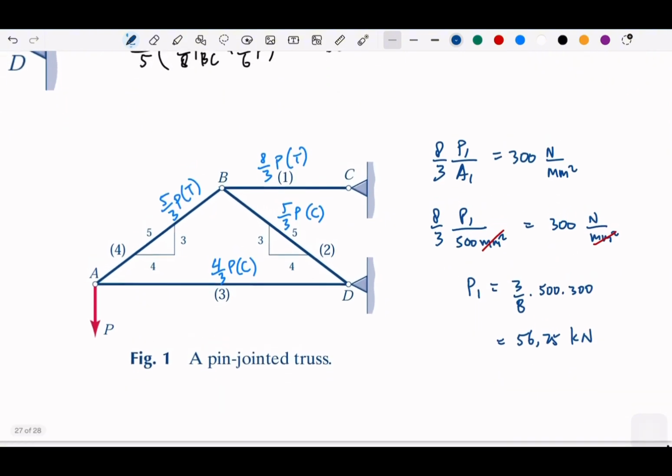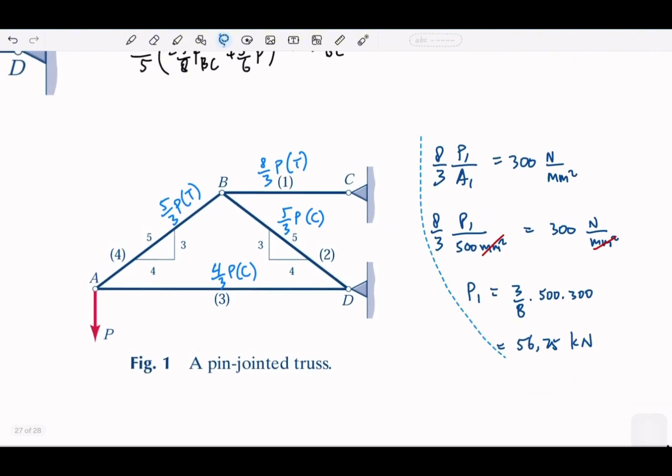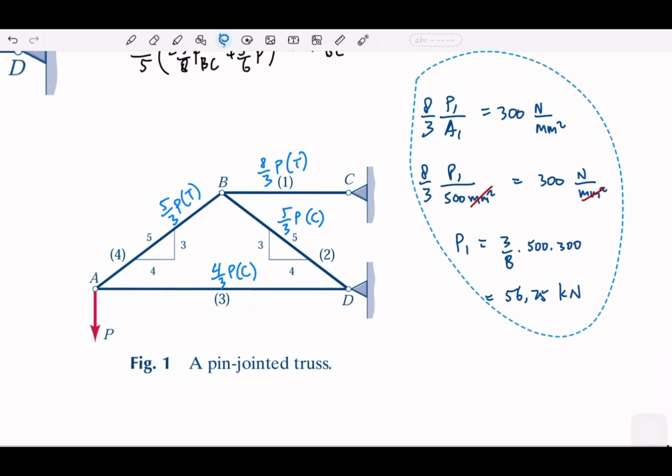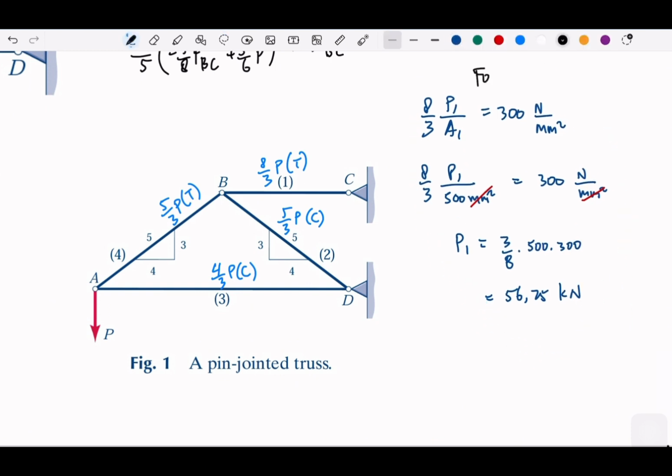And the same thing for the compression. So this is for tension. And for compression, we can take the 5 over 3 P, let's say the 2. So 2 we'll write as P2A2.